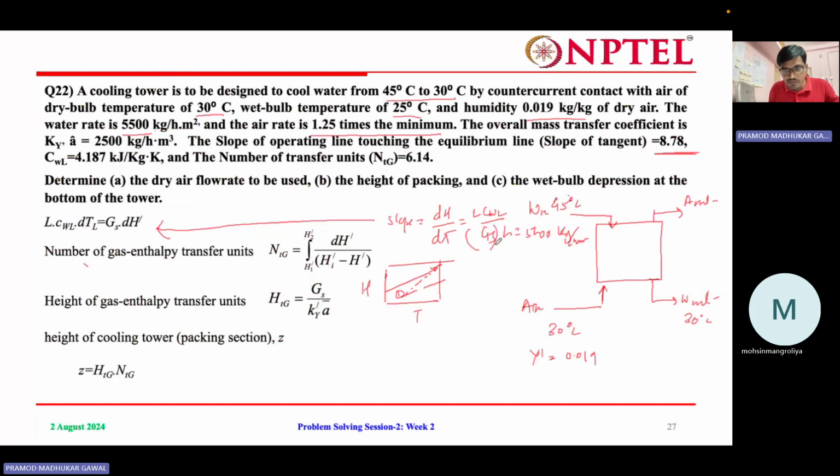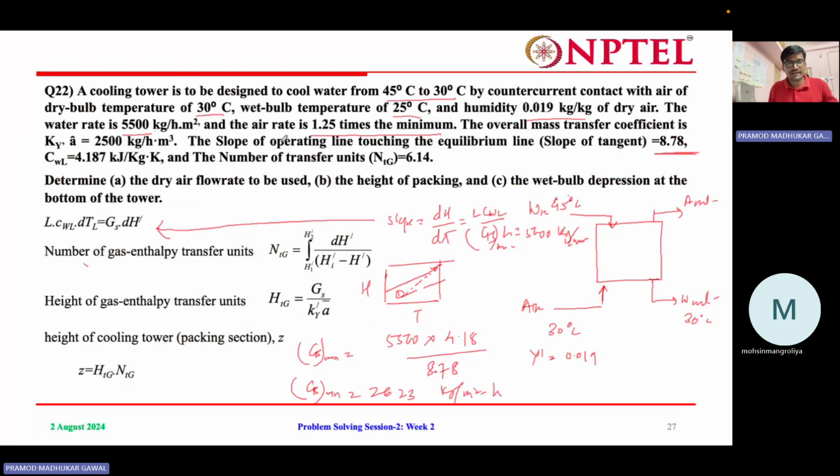So GS minimum equals L times CWL, 5500 times 4.187, divided by the slope 8.78. So GS minimum equals 2623 kg per meter square per hour.